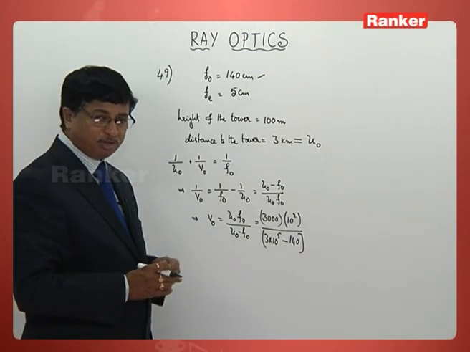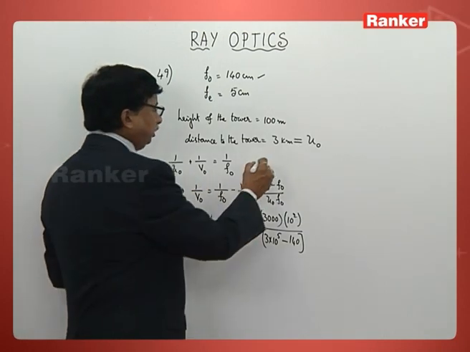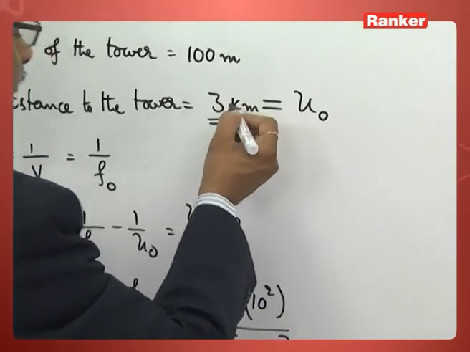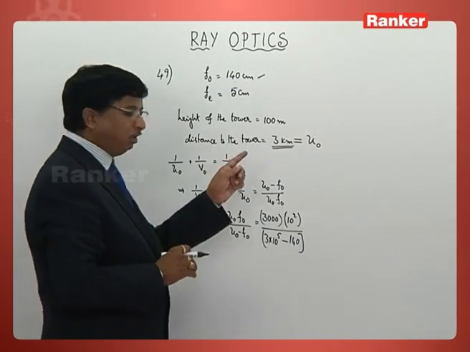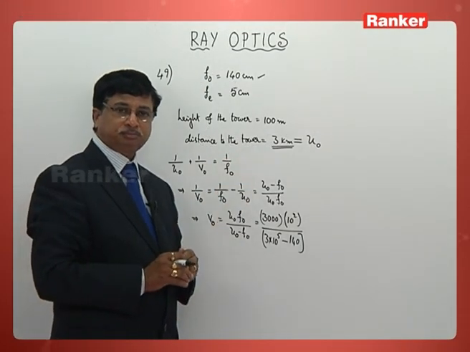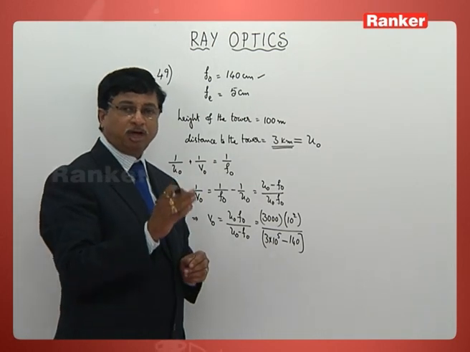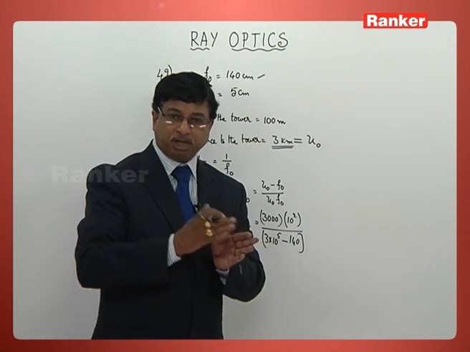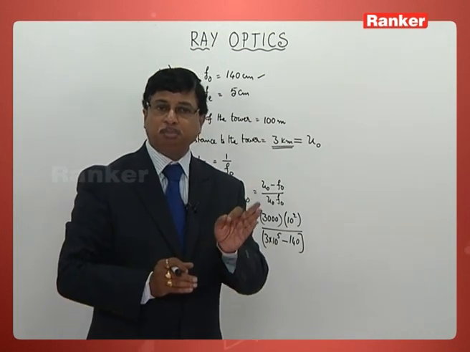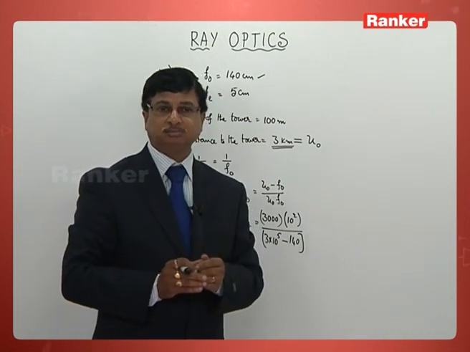What is that roughness over here? When the object is very far from this objective, where will the image be formed? The image will be formed at its focus. That means the image distance automatically becomes the focal length.